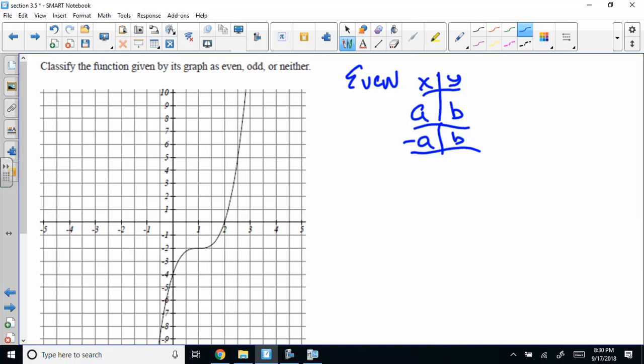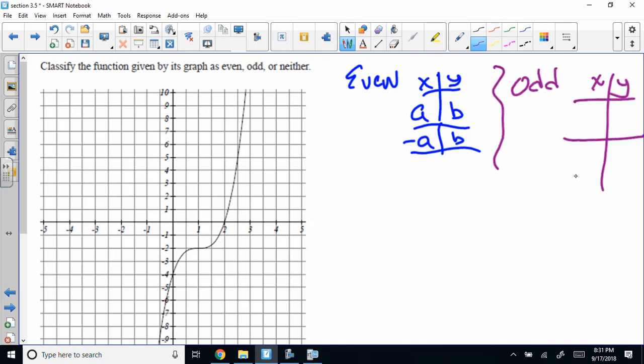So let's look at odd. A, negative A, B, negative B. All right, so what I just wrote here says this.